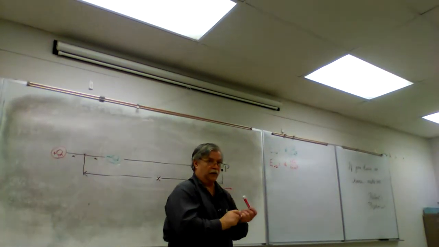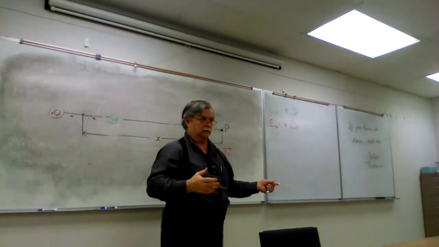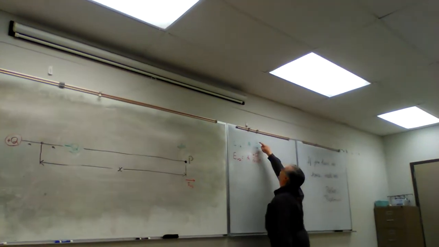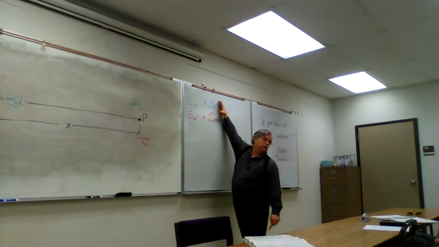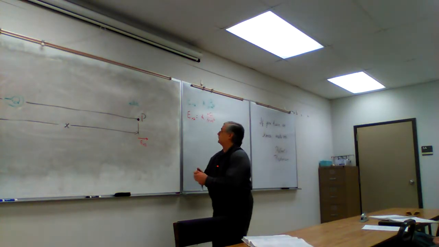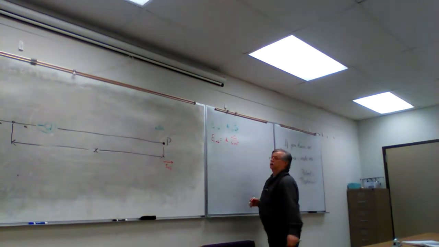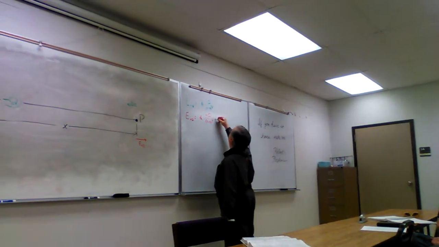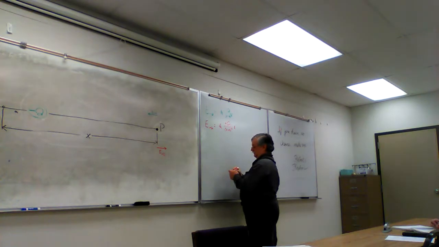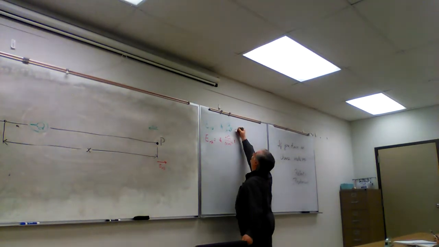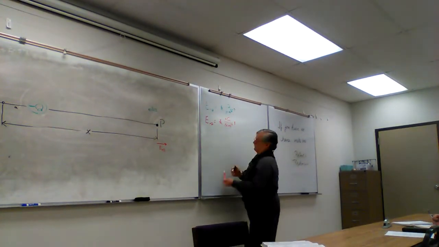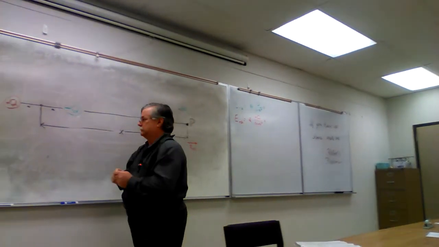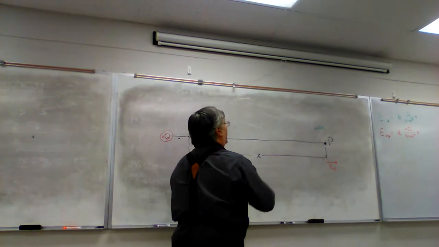Okay, but they're both horizontal, and the sign of the direction is already built into the equation here. So to account for the direction, we can just make both of these vectors by multiplying both of them times the unit vector i. That gives them direction.